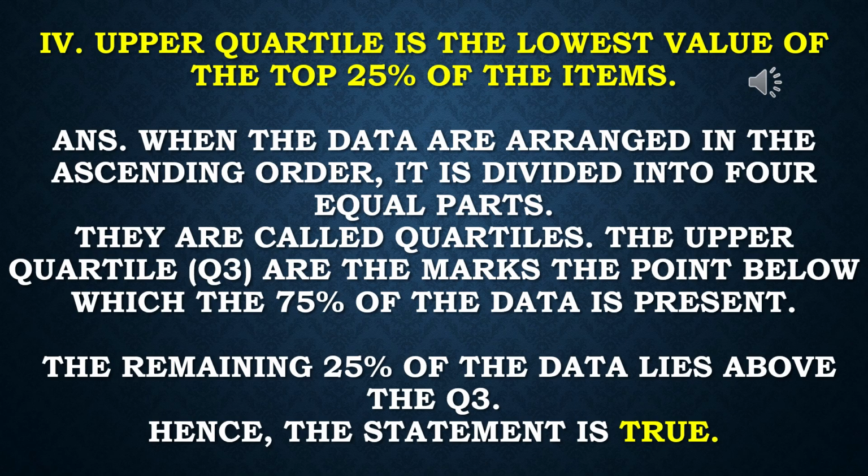These are the 4 quartiles. Now the upper quartile, which is Q3, is the point below which 75% of the data is present. So the remaining 25% of the data lies above Q3 or the upper quartile. Hence the statement is true.